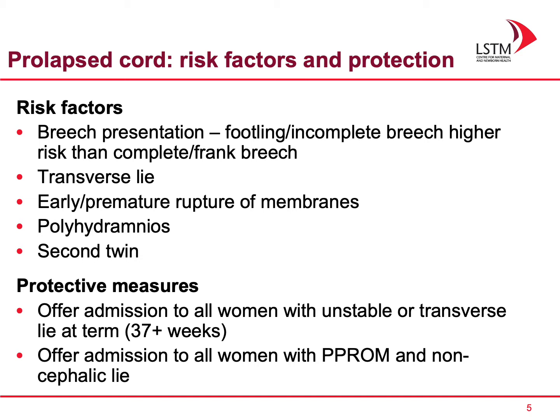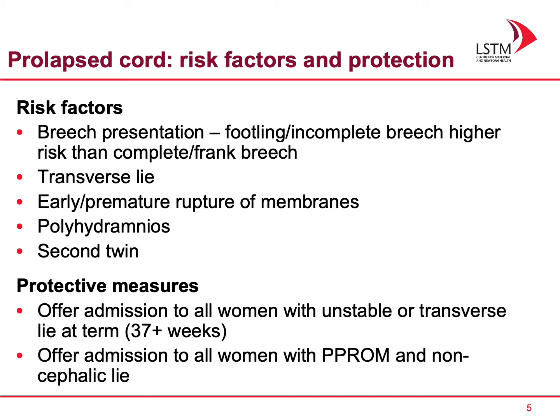Early or premature rupture of membrane can also lead to cord prolapse. Polyhydramnios, as I've said, that gushing of fluid will sweep away the cord, given that the fetus has a variable presentation because of the big amount of liquor inside the uterus, together with the sweeping away of the cord by the amniotic fluid when membranes have been ruptured.